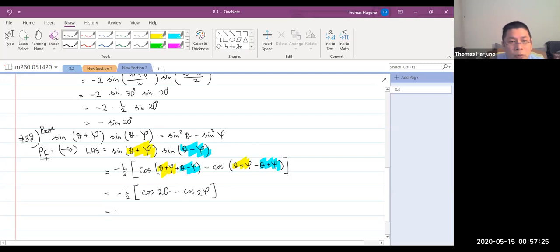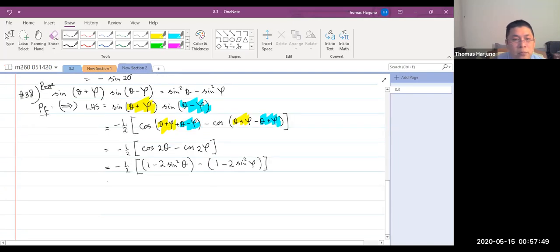That equals negative 1/2. I need the sine version, so I will rewrite it as 1 minus 2 sine squared theta minus 1 minus 2 sine squared phi. Negative 1/2 times 1 minus 2 sine squared theta minus 1 plus 2 sine squared phi.